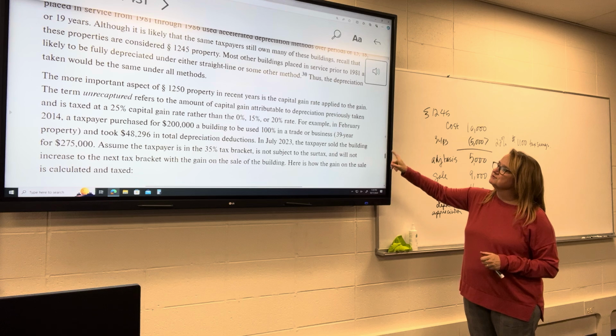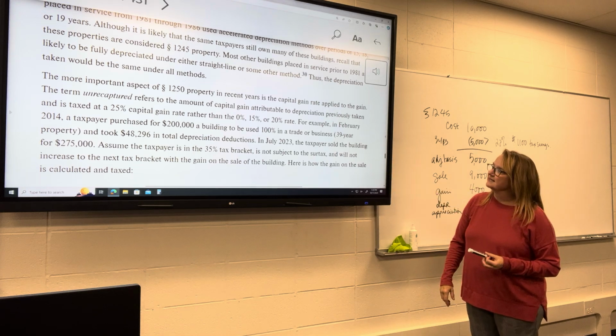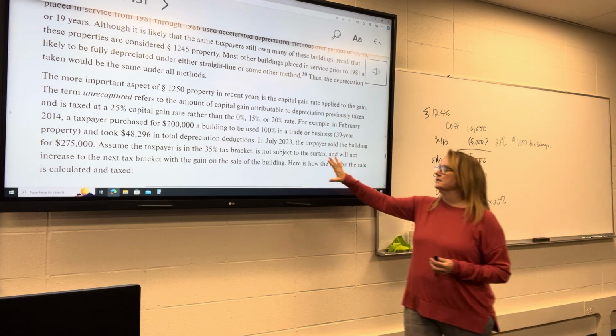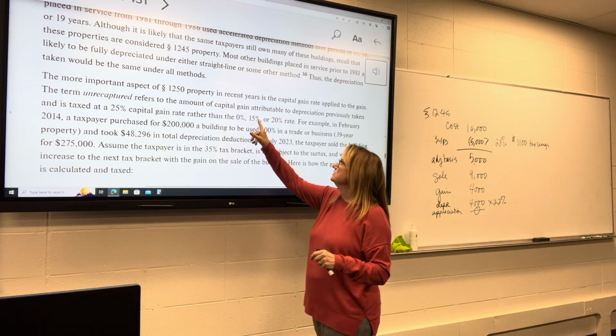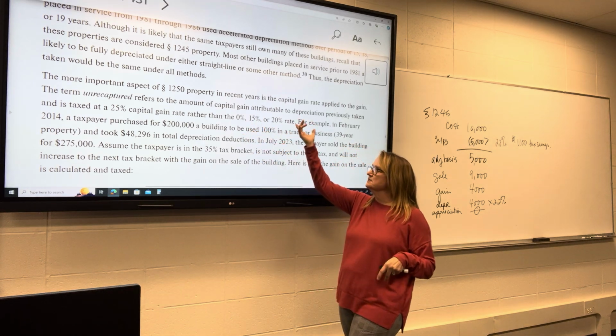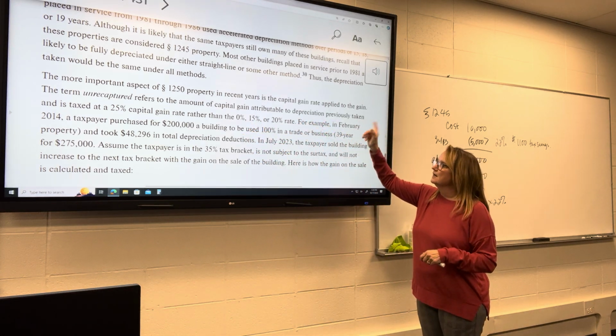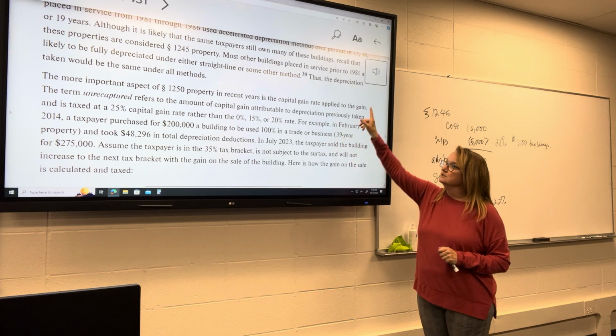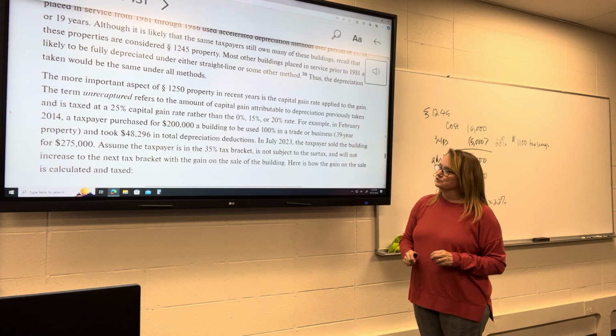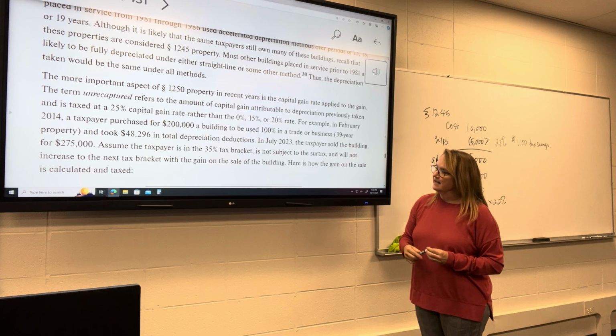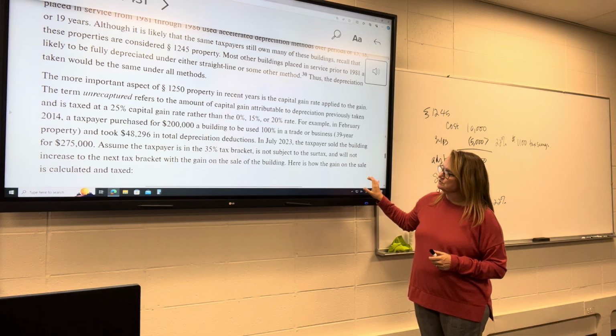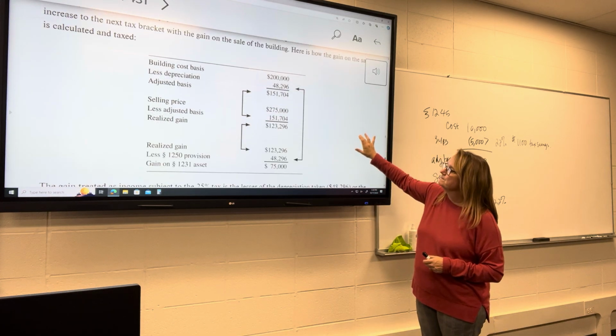So the difference with the 1250 property is that capital gain rate. So most of our capital gain tax rates on everything else, 0, 15, and 20%, but we've got this additional 25% tax rate that's applied to sale of 1250 property that has depreciation recapture associated with it. I think so, here we go.